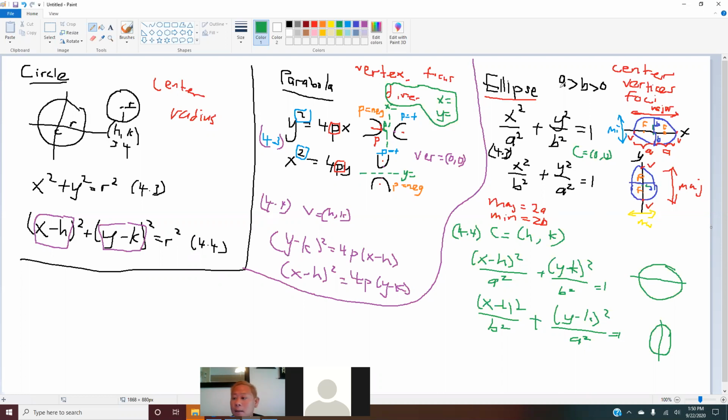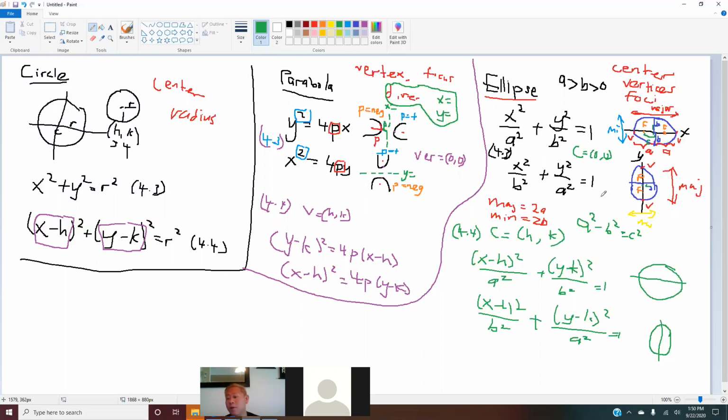And c is the distance from the focus point to the center. In order to find c, you have to use the Pythagorean theorem, a squared plus b squared equals c squared, but with a little twist: you don't use plus, you use minus.